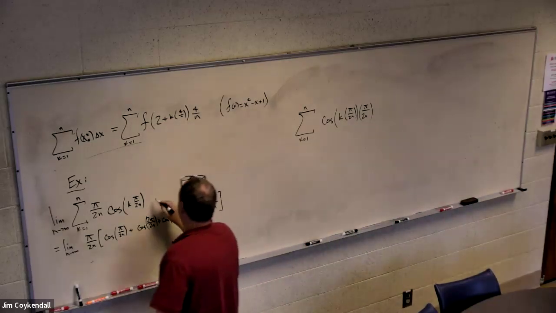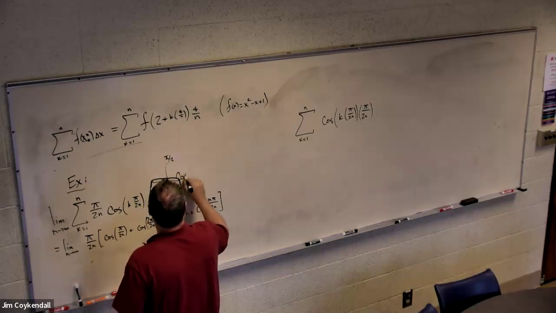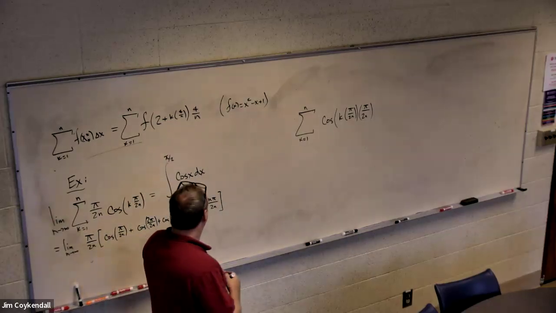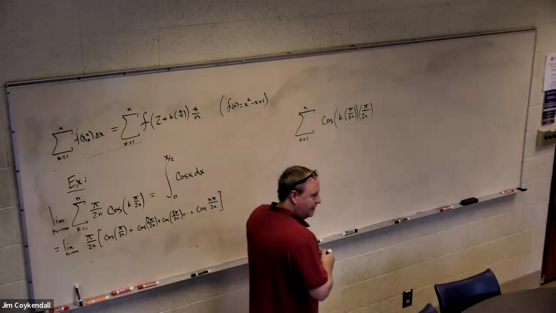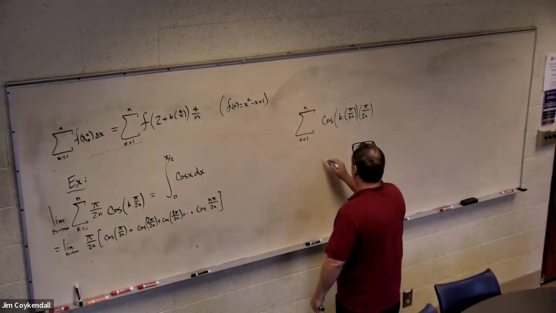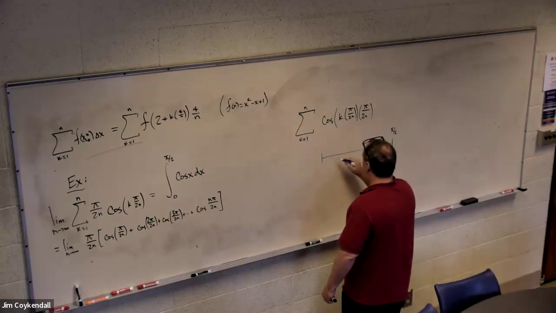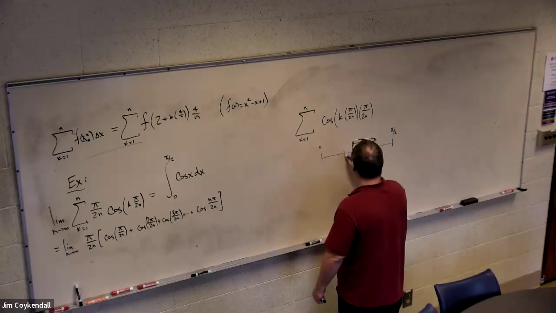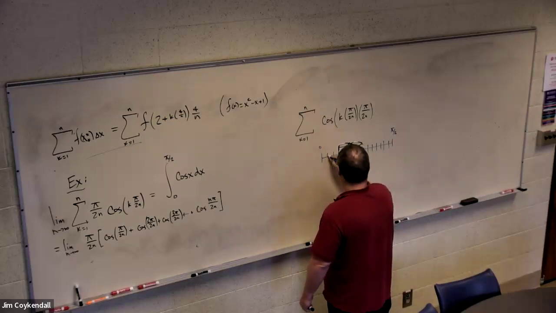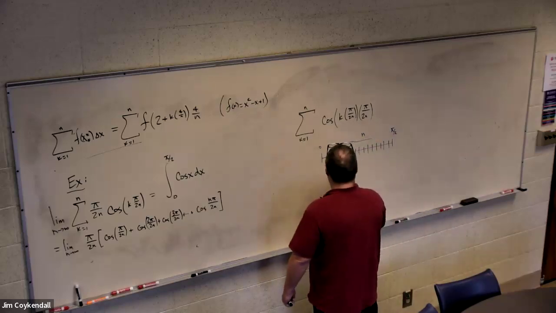This limit is actually an integral from 0 to pi over 2 of cosine x. Now let's just suppose you were trying to figure that out. Take the interval 0 to pi over 2 and break it up into n equal-space subintervals. What is delta x?